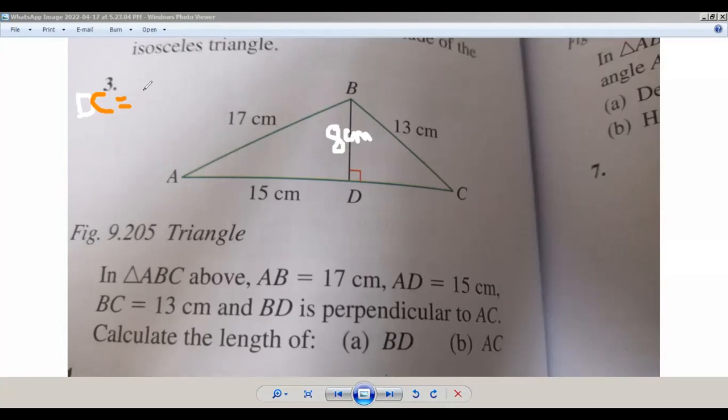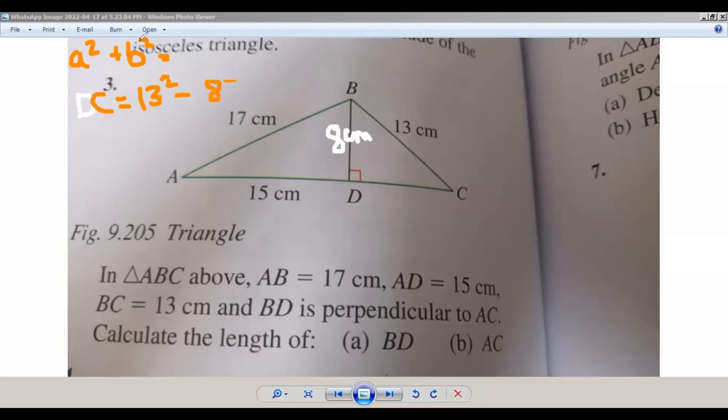The missing side would be when it's 13 squared subtract 8 squared. So you have to start off with a squared plus b squared equals c squared, don't you?